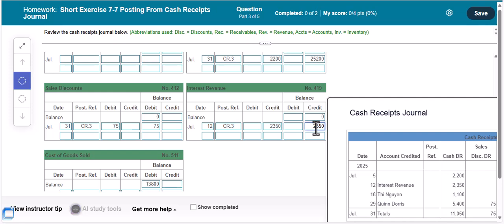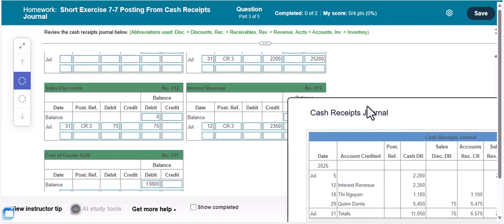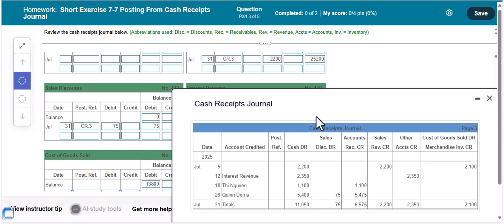All right, and then the reason we are keeping that date there, July 12th, instead of the end of the month is because in this cash receipts journal, the account here, interest revenue, is listed under other accounts credit here. So we have to keep that original date.